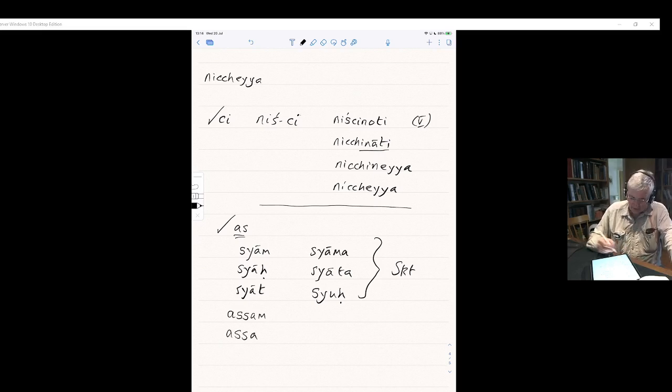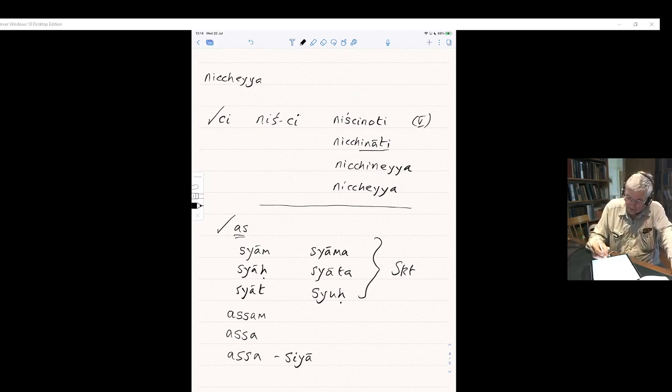Now for he might be, you can get assa, from syat, or a form that more closely resembles the Sanskrit, and that is siya. So you will very often see in Pali, for he, she, or it may be, assa or siya, and they're used without any distinction of meaning.